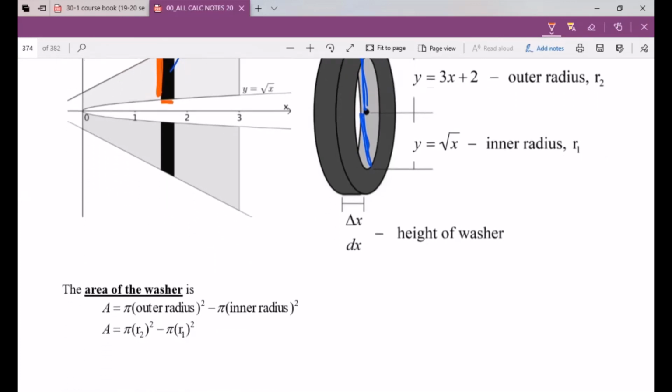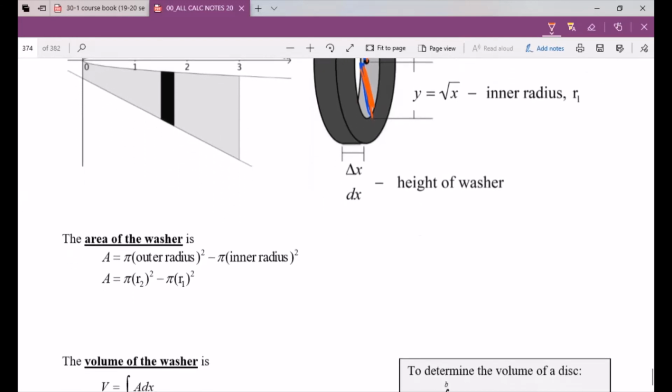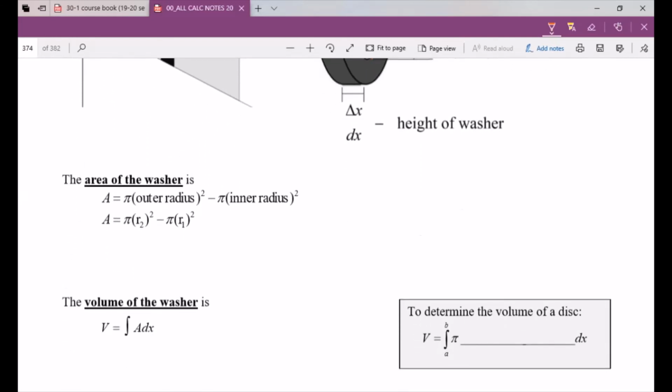So the area of the washer is going to be pi r squared of the larger circle minus pi r squared of the smaller radius circle. We subtract because we're subtracting away that material. So it ends up being pi times the outer radius squared minus pi times the inner radius squared. Let's call it R2 and R1 for our two radii.